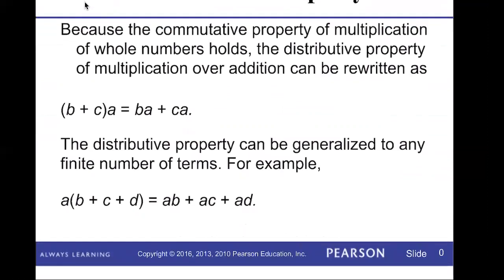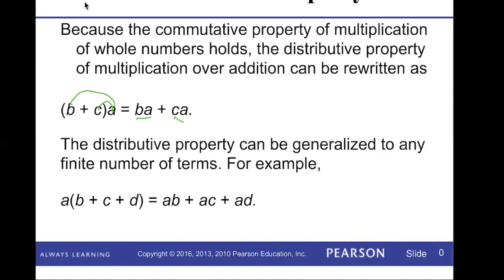Here we're looking at it with the commutative property, because we know that b plus c times a is the same as a times b plus c. But people sometimes aren't used to seeing the distributive property this way. Notice there's a couple of commutative properties in here. But you're distributing that way to get the b times a plus the c times a.